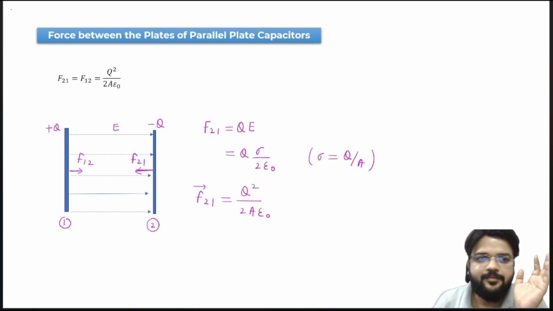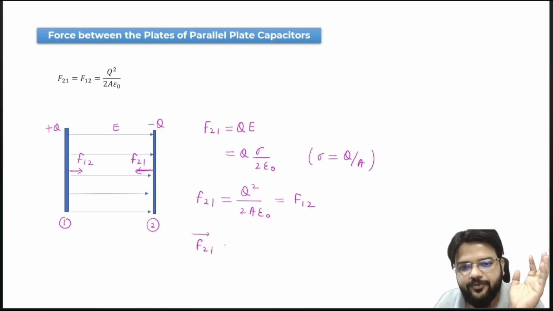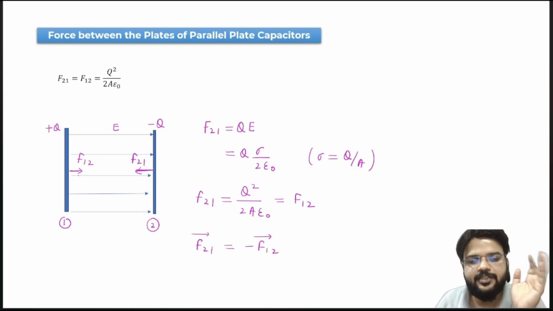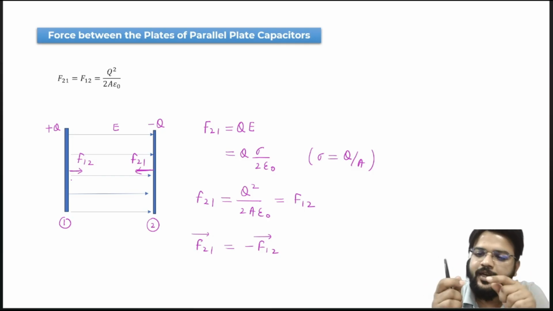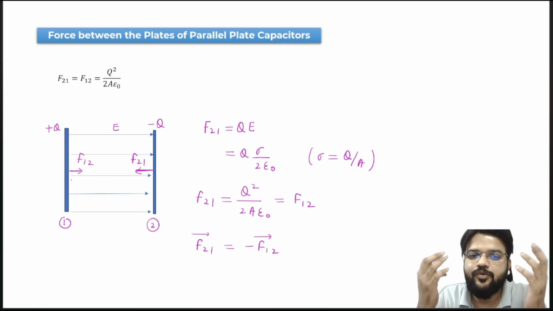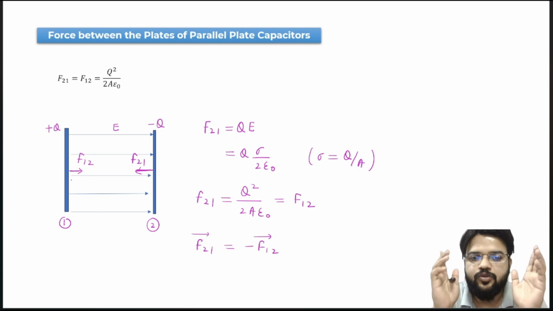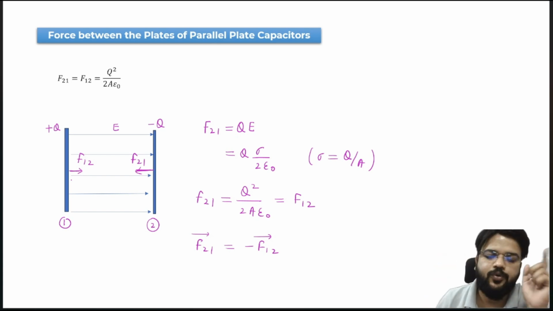So the magnitude is the same, but the direction is opposite. So F21 is equal to F12, but the direction is opposite. That's why in vector form, F21 is equal to minus F12. This is the direction of F12. Correct? So the direction is opposite, but the magnitude is the same. We know this from Newton's third law: forces always act in pairs. Both forces are an action-reaction pair. Note down, everyone.